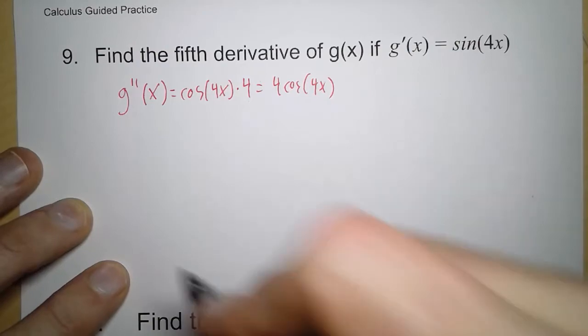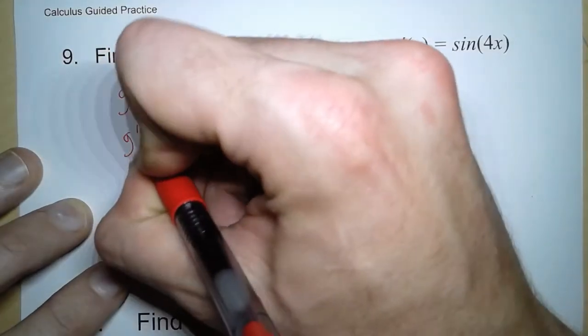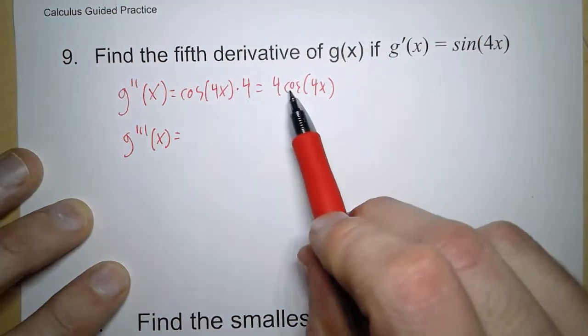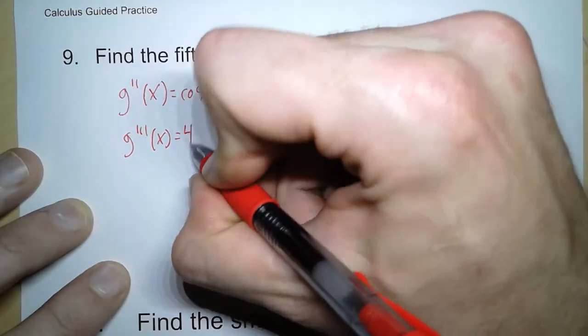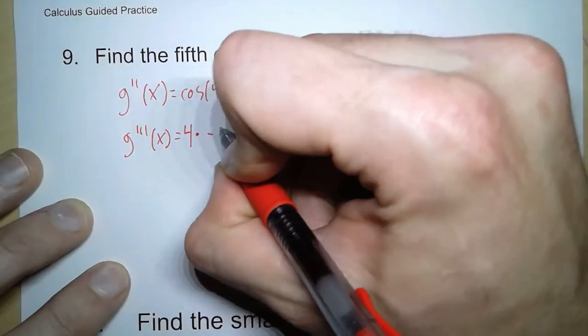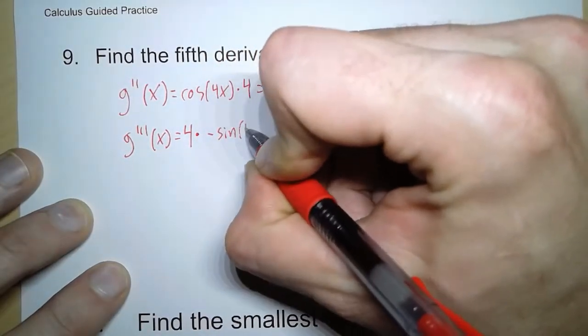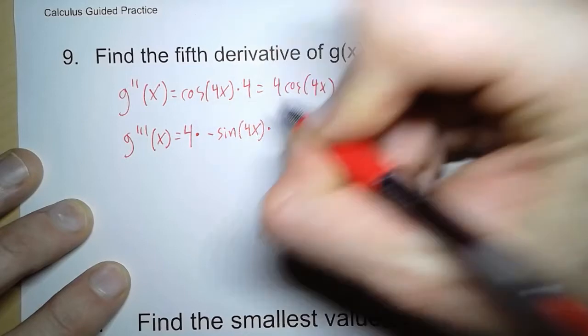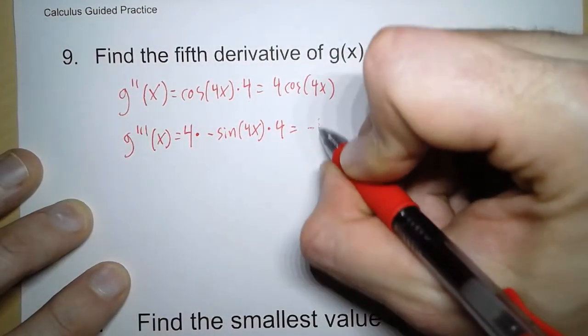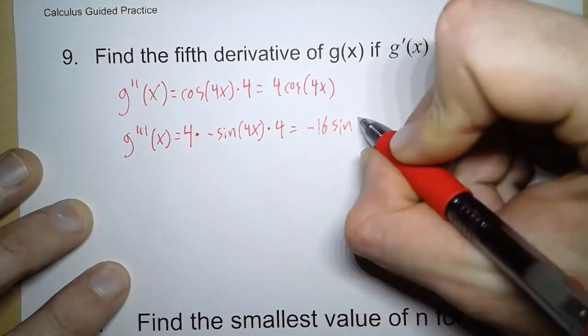The third derivative, g triple prime of x. Now the 4 is a coefficient, so that just hangs on. The outside derivative is negative sine of 4x, but we also multiply by the derivative of the inside. So we have negative 16 sine of 4x.